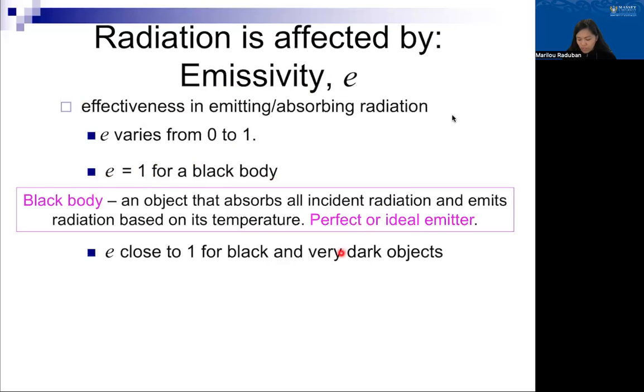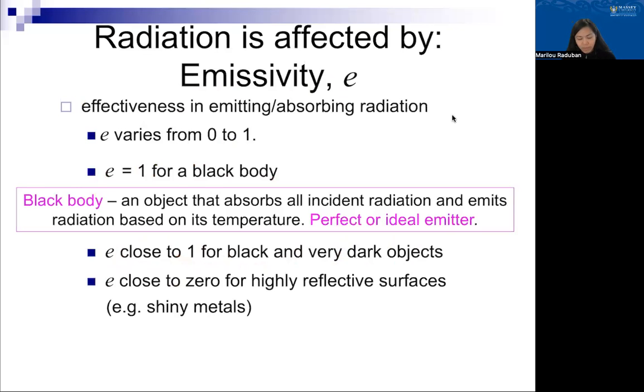So darker objects have emissivity values close to 1. Black or very dark objects, we can approximate their emissivity to be close to 1. That means they are very good at emitting radiation, and therefore they easily lose energy via radiation, but they can also easily gain energy by absorbing radiation as well.